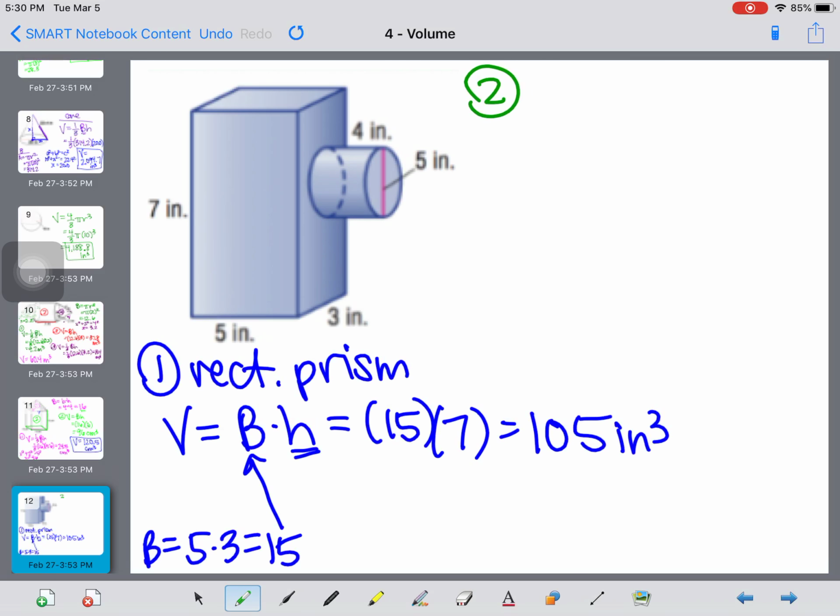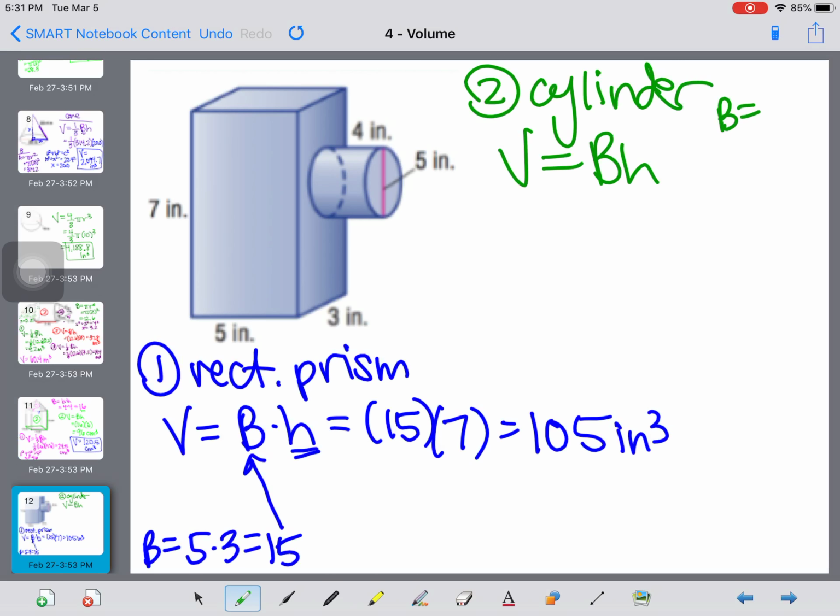Region 2, then, is my cylinder. Cylinders, remember, we also treat as big B times little h, but now my big B is a circle. So I'm going to do pi r squared. My radius is 2.5, so I'm going to do pi times 2.5 squared, and you should get 19.6.